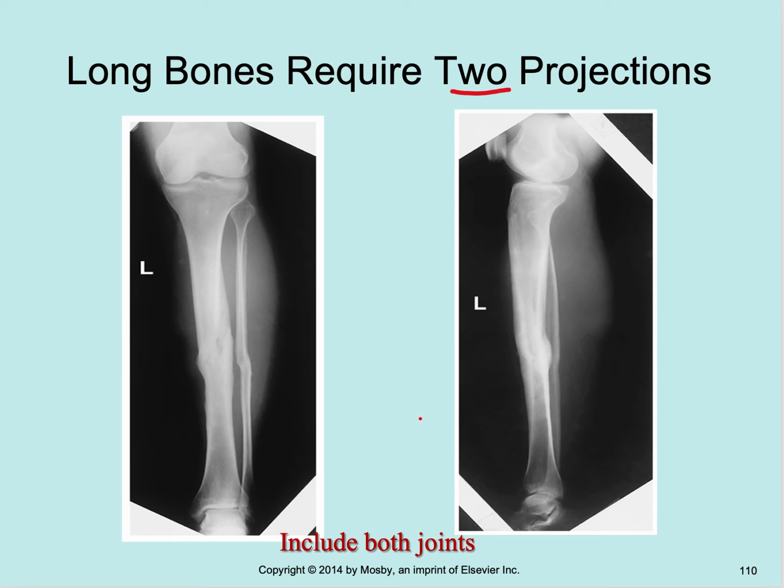Your humerus, two images. Femur, two because it's a long bone. Tib fib, two images, AP and lateral, because it's a long bone. So long bones require two projections, include both joints. So no matter what long bones you're doing, you are including both the distal joint and the proximal joint in that imaging.